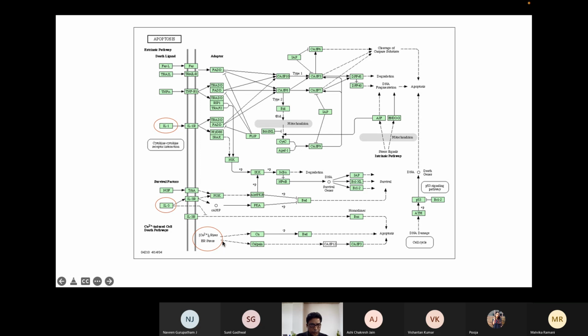Whereas if you had an excess of calcium already there, that leads to some stress, which gives you the apoptosis here. So there are two balances which take place. There is always this balance between survival and apoptosis, which is continuously monitored inside the cell.